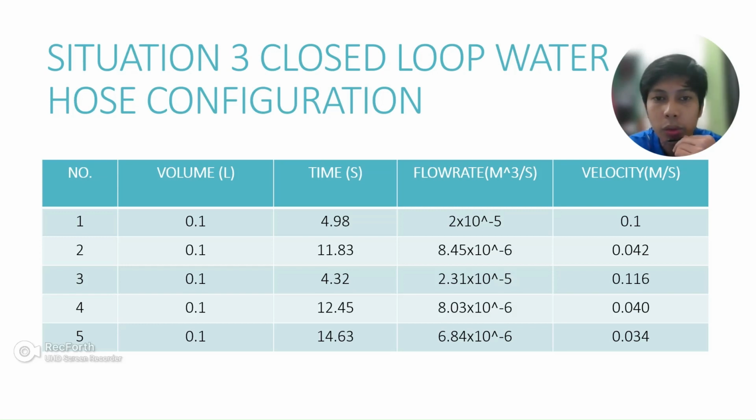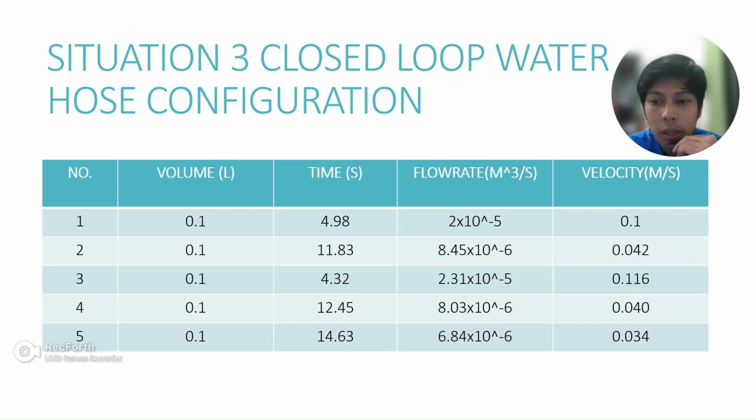Okay, next, from this slide, we can also see for closed loop water hose, we also use 5 holes, and each hole will have a time taken. For the flow rate, we use the same formula as straight line water hose, which is meter cube over time, where the volume must be divided by 1000.